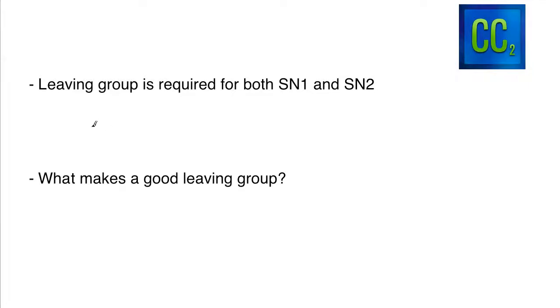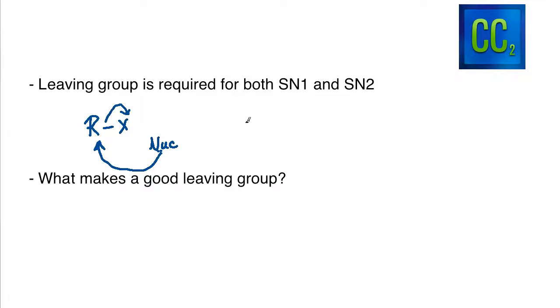So if you keep in mind the general mechanism, when we were talking about SN2, we said that we have some leaving group which we'll call X, and the X needs to leave as the nucleophile is going to be coming in and attacking. It's concerted, it happens at the same time. So because the nucleophile is going to be coming in at the same time the leaving group is leaving, we certainly want a very strong leaving group, a leaving group that has a very good ability to leave without a whole lot of other factors that are going to get in its way.